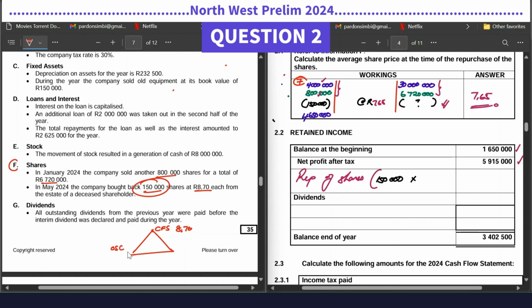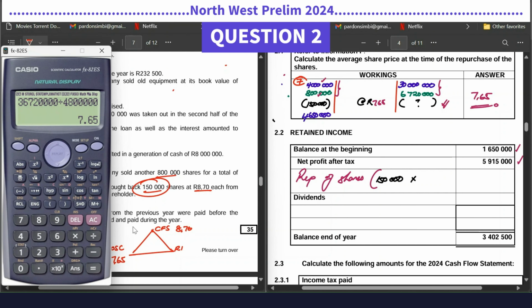And here we have the retained income amount, the amount above. So we need the adding machine. 8 Rand 70, and then we subtract 7 Rand 65, like that. And then we would end up with 1 Rand 5 cents.